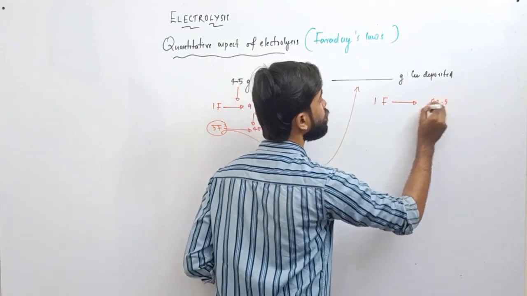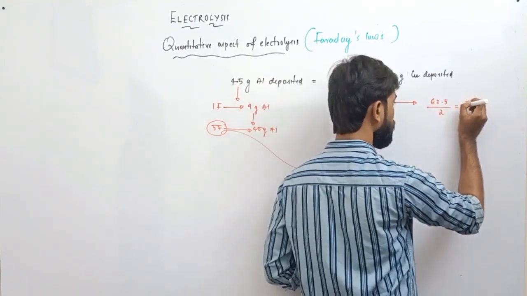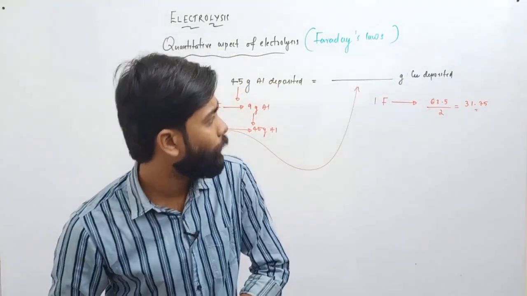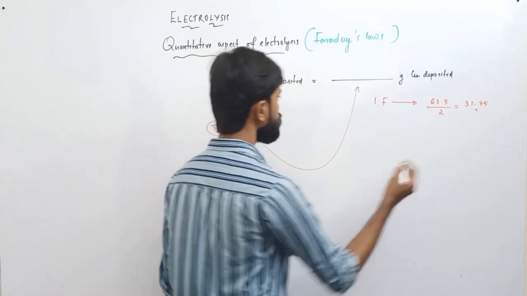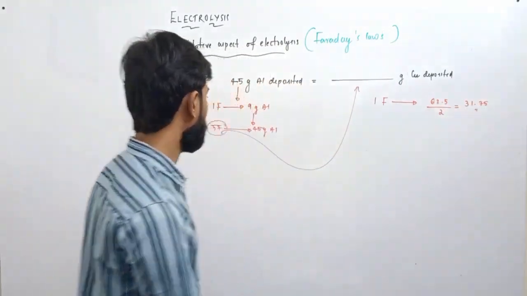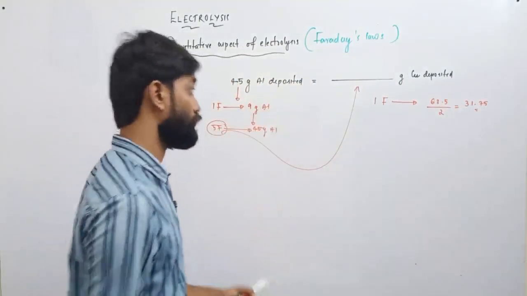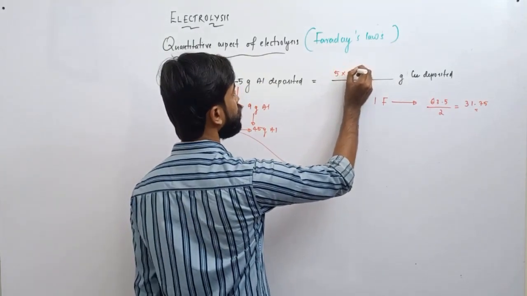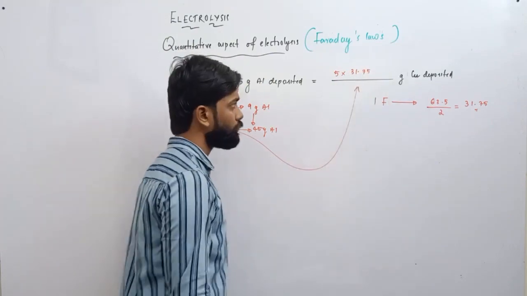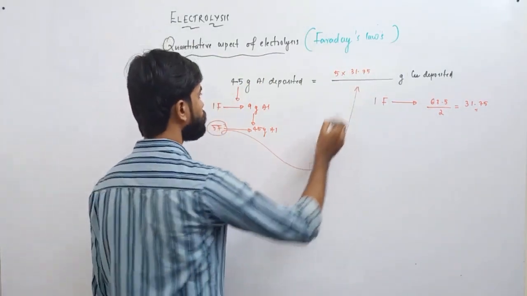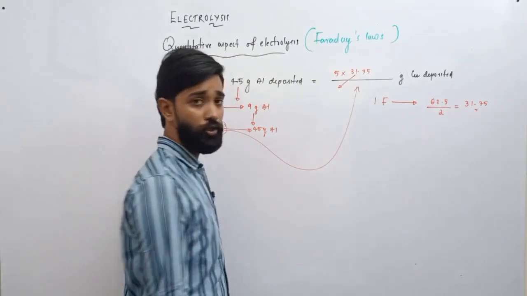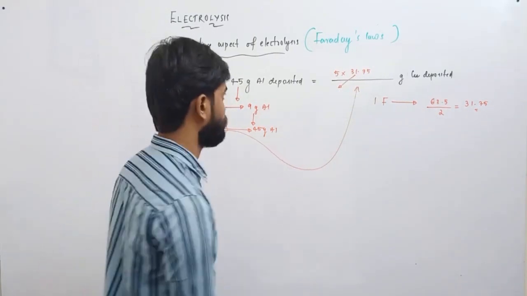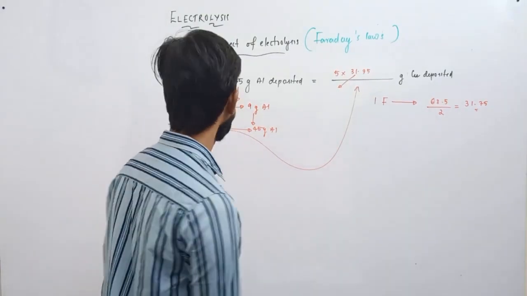What is the mass of copper? 63.5 divided by 2, that is 31.75 gram. So 1 farad supplies 31.75, but we actually supplied 5 farad. So 5 into 31.75. To multiply by 5, you simply take its half and multiply by 10. What is half of 31.75?